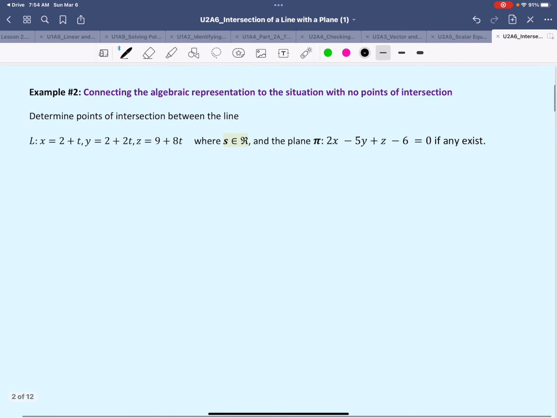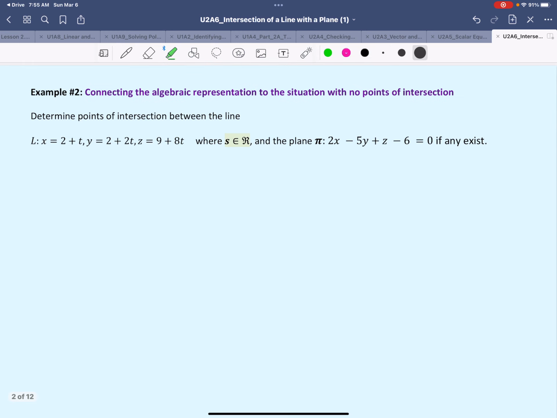In the next example, we are given the equation of a line in parametric form and the equation of the plane in scalar form. Similar to what we did in the previous example, we are going to substitute the coordinates x, y, and z on the line, which are coordinates of any point on the line, into the equation of the plane. And let's see what happens.